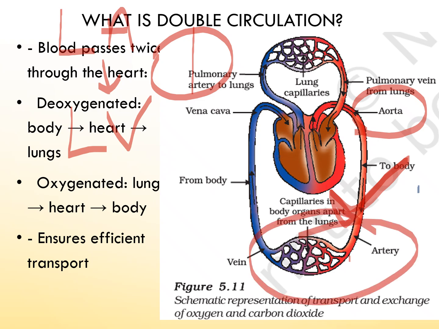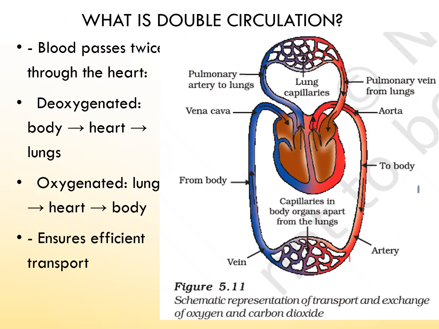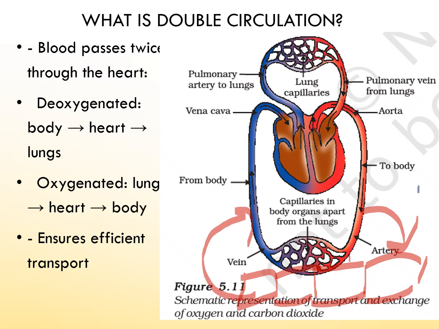As you can see here, we have body parts where we have capillaries at the end, and these capillaries are in contact with the body tissues. So these body tissues are rich in carbon dioxide. So what will happen here? Oxygen will be given to the tissues and carbon dioxide will be taken up from the tissues.